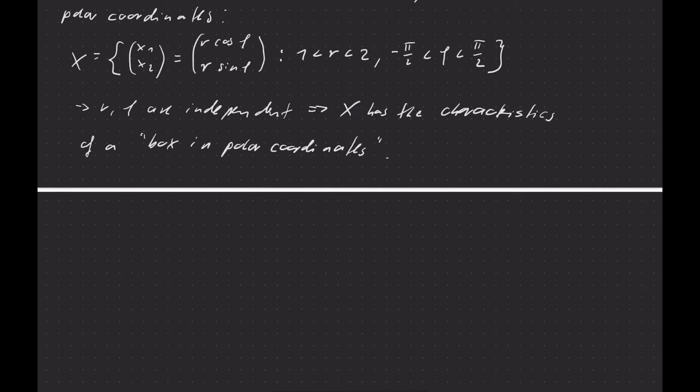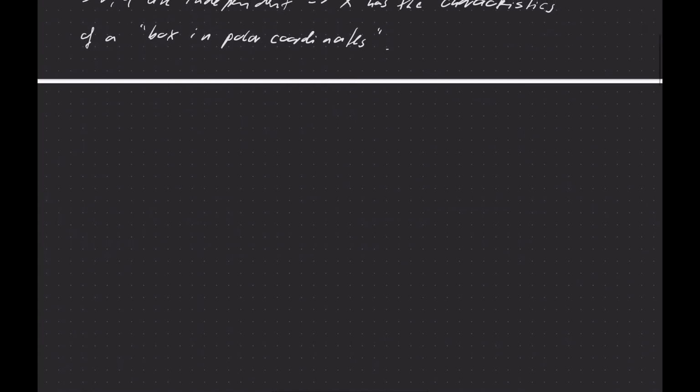And of course, for integration, it's much more convenient to integrate over a box than over a normal domain with complicated descriptions. So we'll do just that. We'll reformulate the integral using change of variables to integrate over polar coordinates instead of over Cartesian coordinates.